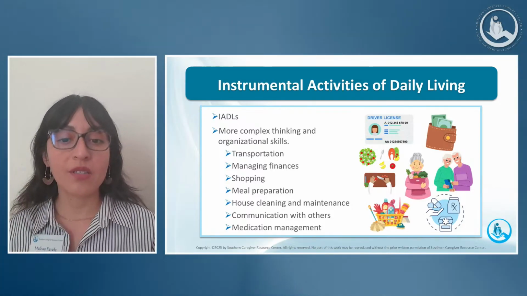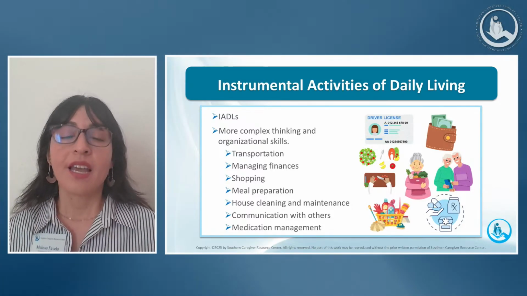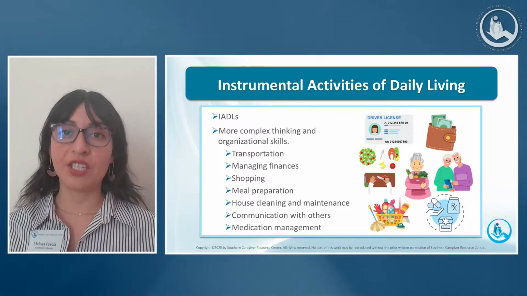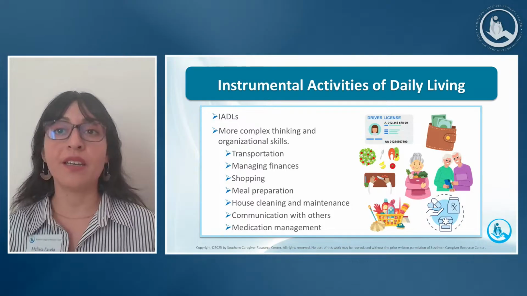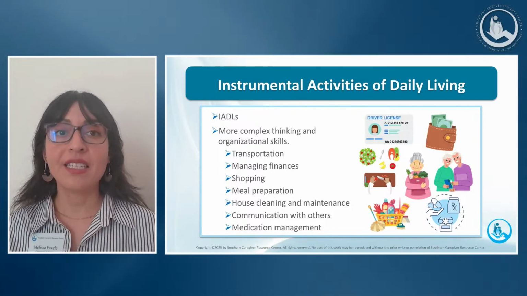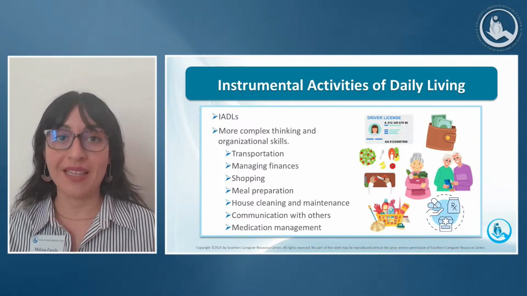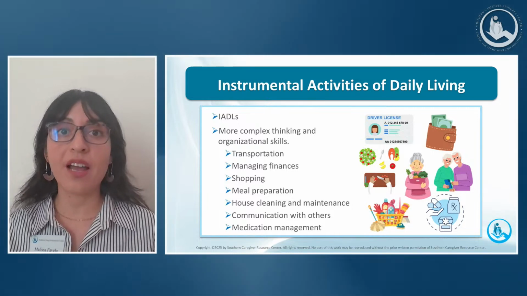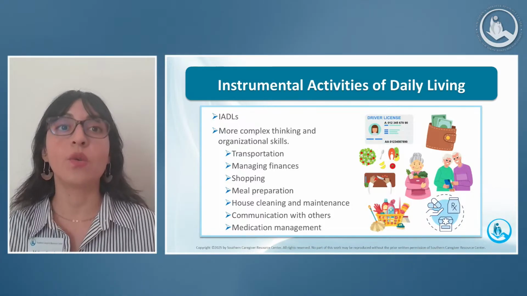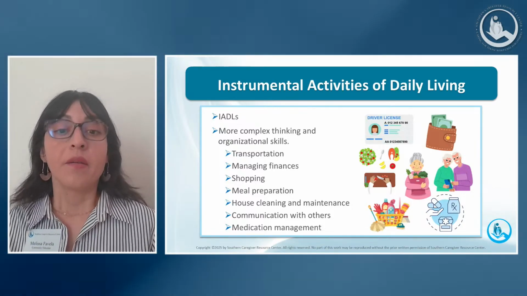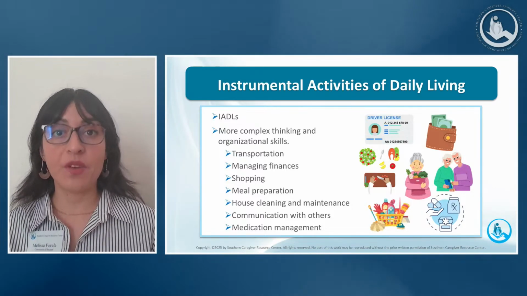Then we have house cleaning and maintenance. And this is the ability to clean dishes after eating, maintaining living areas in reasonably clean and tidy state, and keeping up with home maintenance. So again, keeping track of all of the things that go with the home maintenance or home cleaning. Managing communication with others.